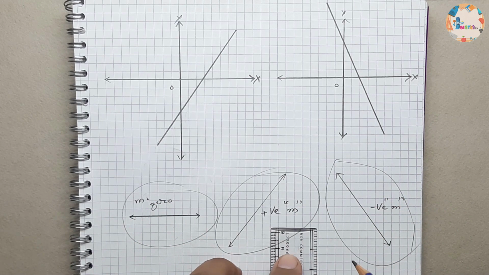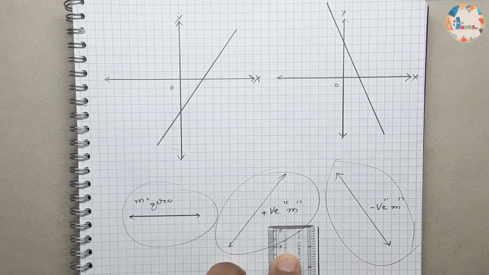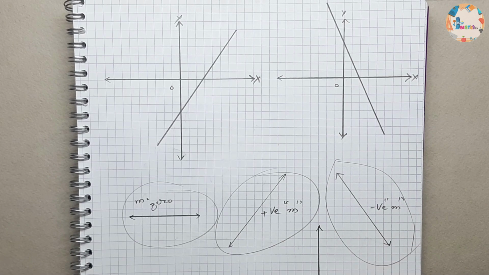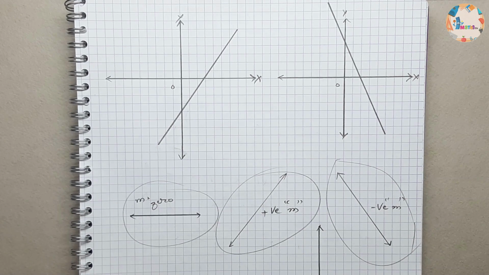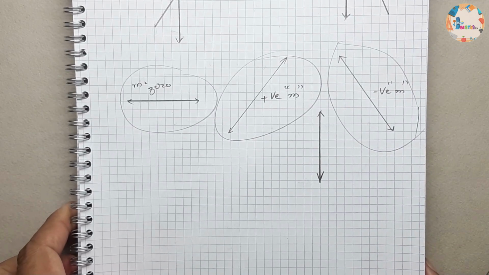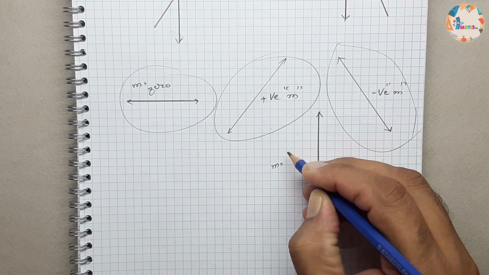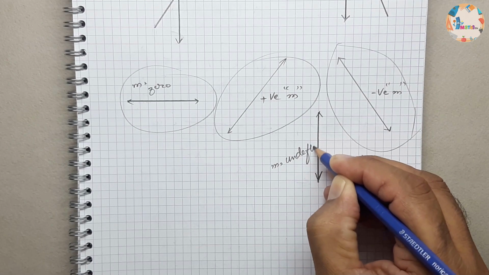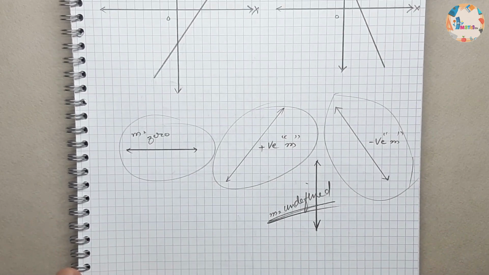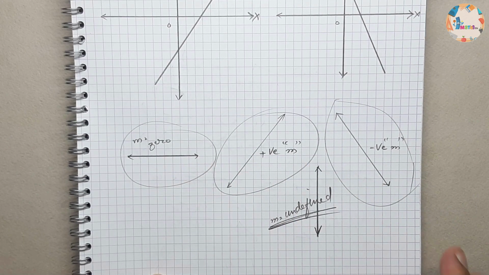There's one more category: if the line is vertical like this one, it will have an undefined slope. The m value will be undefined. So these four things you will have to keep in mind about the slope: negative, positive, 0, and undefined.